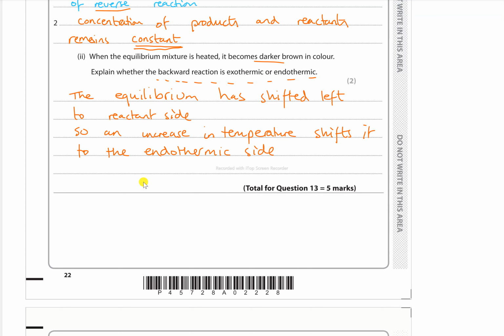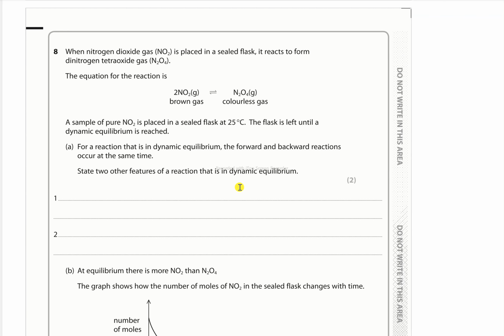So this means that the reverse reaction, or the product to reactant side, is endothermic. Right, okay. There's a lot of this nitrogen oxide, maybe that's it.